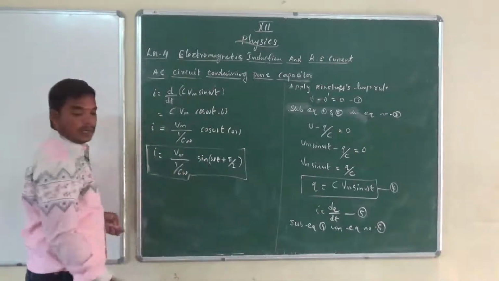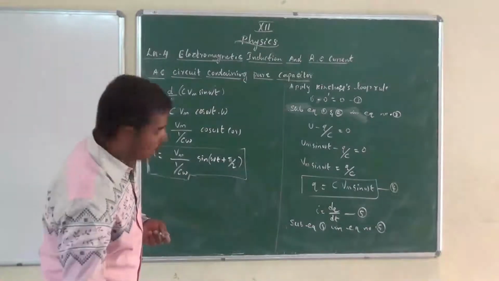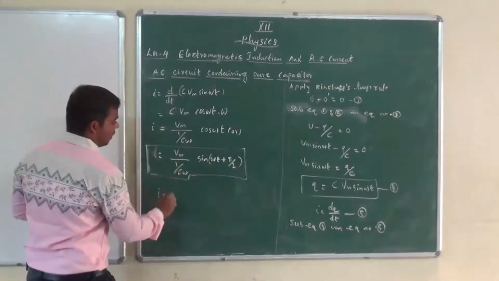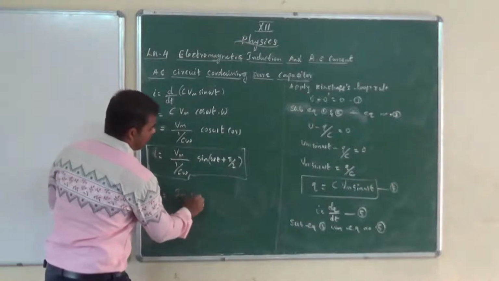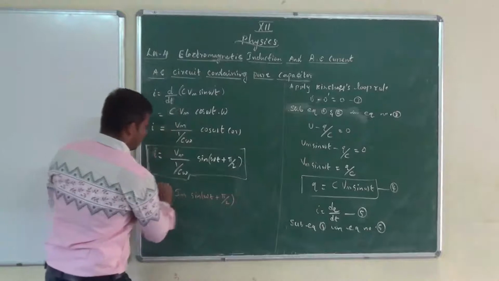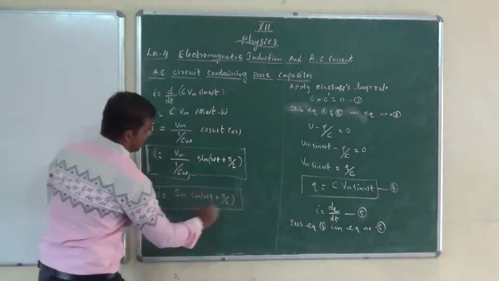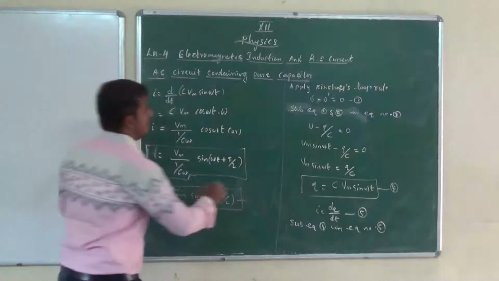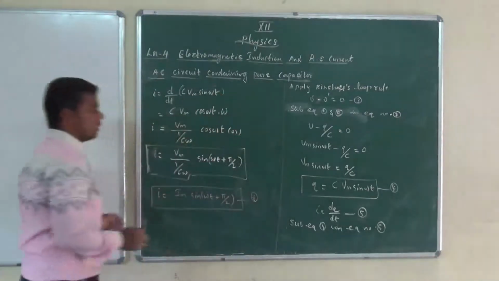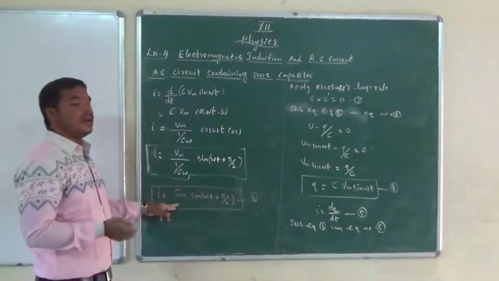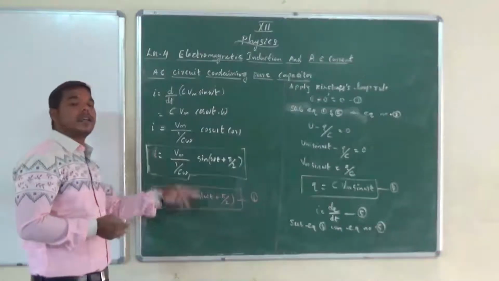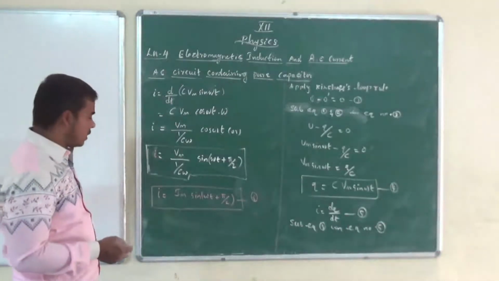I will write the final equation: the instantaneous value of current I is equal to Im sin of omega t plus pi by 2. That is our required equation, the last equation being 5, so equation number 6. This equation number 6 is our required instantaneous value of current in the pure capacitor circuit.